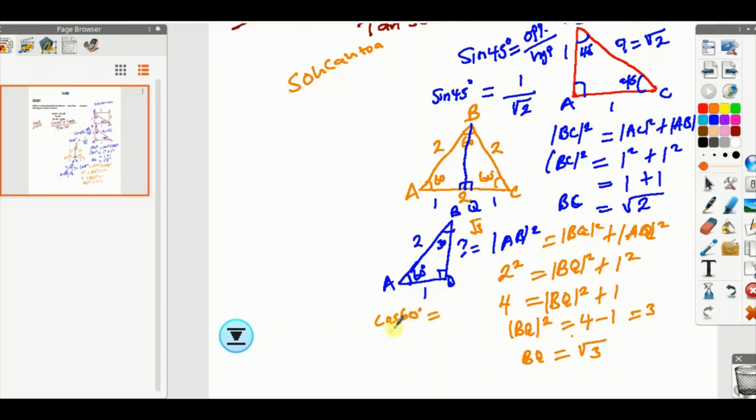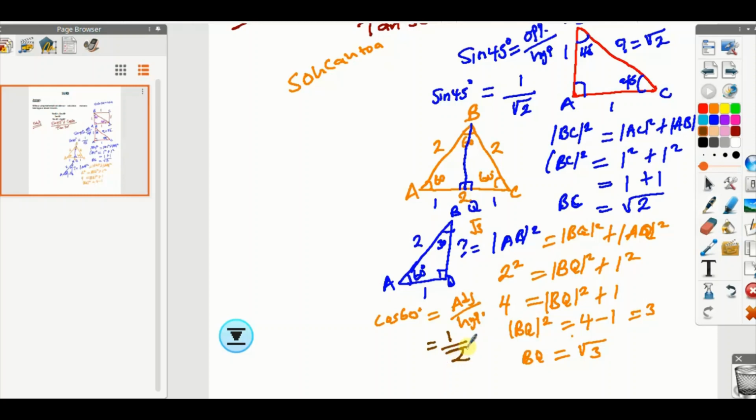Now, we have cos 60 now. So our cos 60 is adjacent over hypotenuse, right? Our adjacent is 1, over hypotenuse. So what's the adjacent now? The adjacent to this angle 60 is 1 over hypotenuse, which is 2.